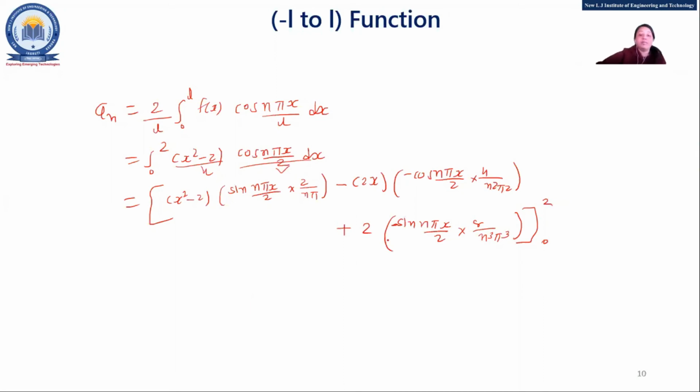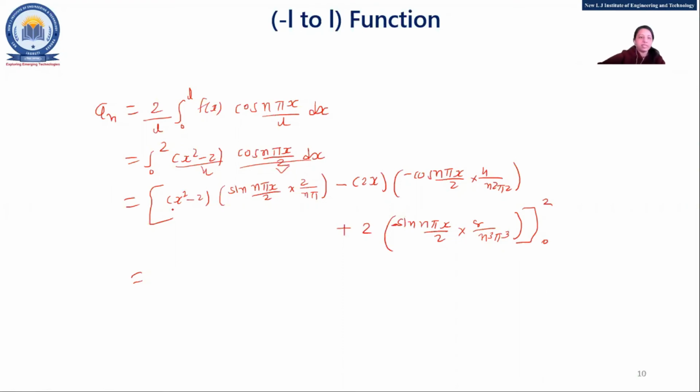Doubt? Now put the upper and lower limit. You can take a 2 common, no problem. Before applying the limit, you can take it common out. Then also your answer will remain the same.